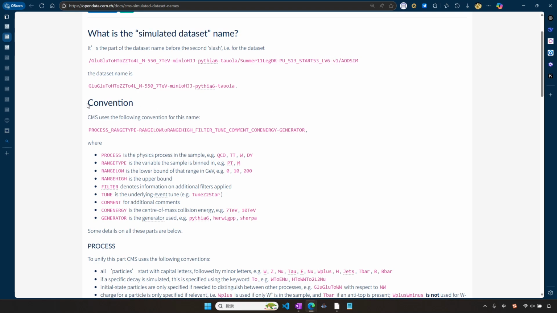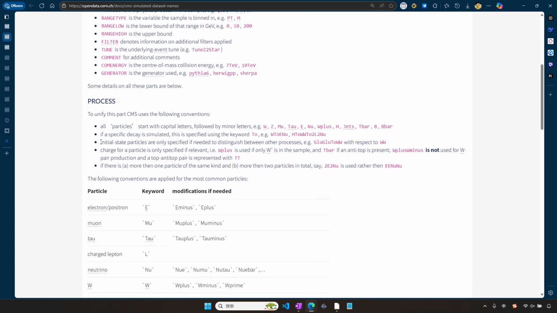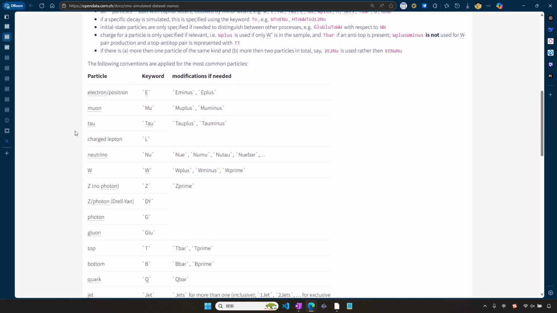So after we talk about the convention for the file names, if we want to know more about details on these parts, we can take a look at the content below.